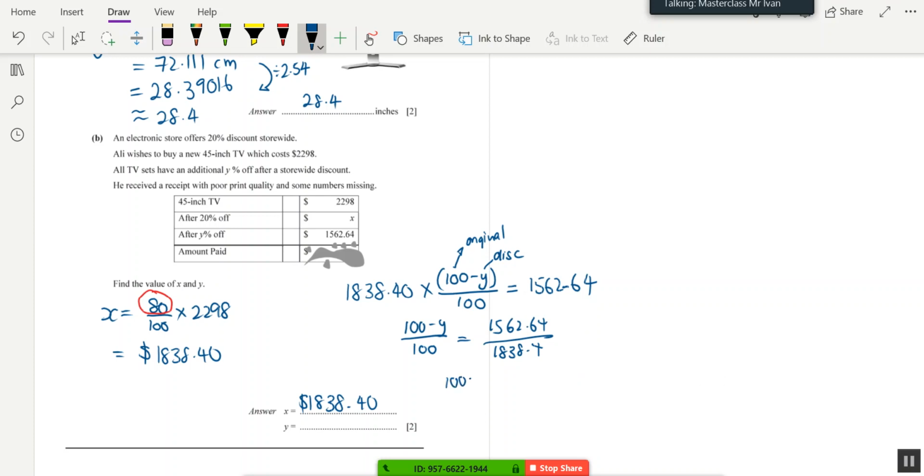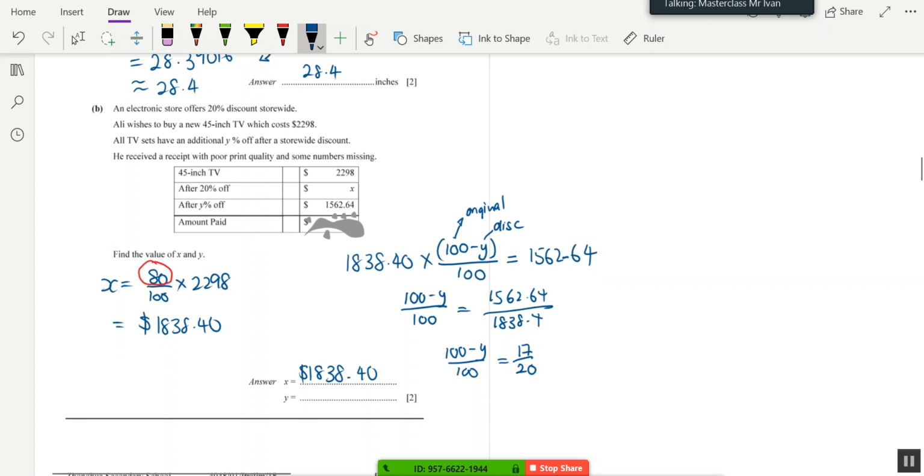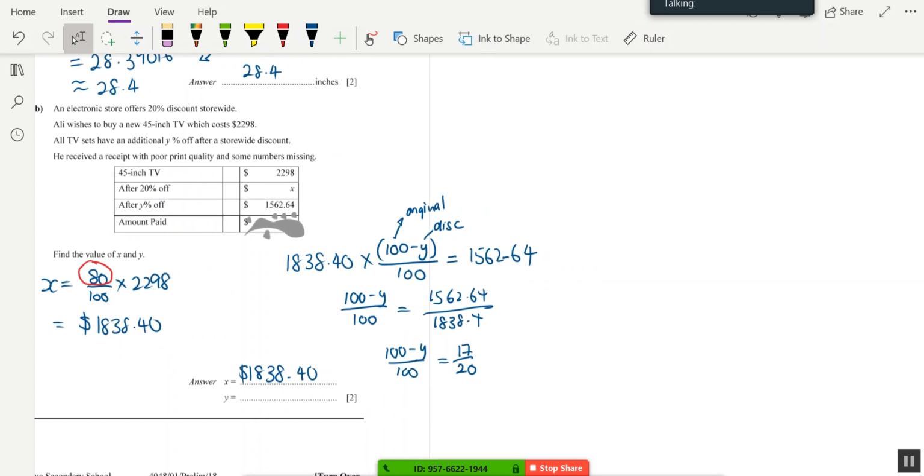So you got 100 minus Y over 100 is equal to 17 over 20. 17 over 20 is also equal to, times 5 on top and bottom, 85 over 100. Okay, which means that 100 minus Y is equal to 85. Y is equal to 15. So Y is 15%.